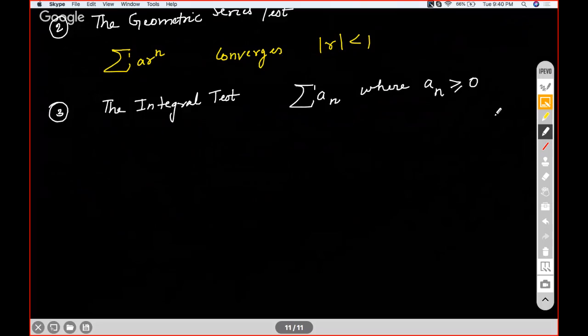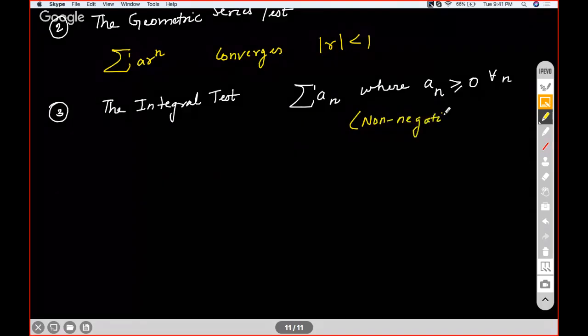That means it is a non-negative series for all n. Later on, you'll come across negative series and oscillating series, what we call alternating series. So the integral test works for a non-negative series.